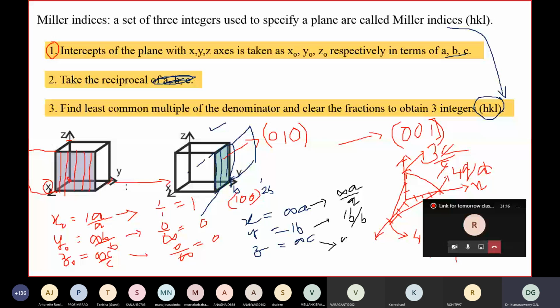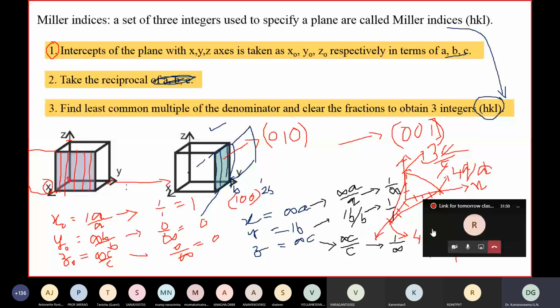When you take the reciprocal of these values, what we get is 1 over infinity. We are eliminating a and b in this step. That's it. Nothing much. It is a procedure, 1 divided by 1. We get 1 divided by infinity. So this is a set of 3 values.